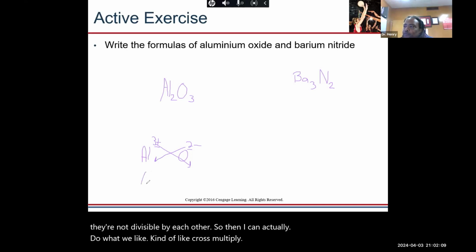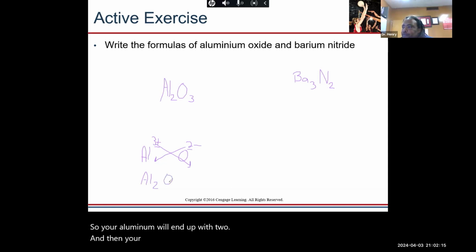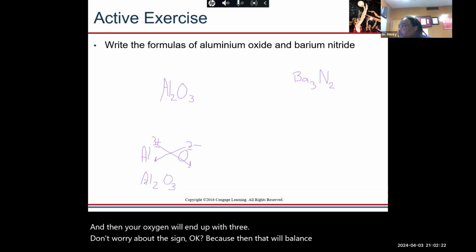So your aluminum will end up with 2, and your oxygen will end up with 3. Don't worry about the sign, okay? Because then that'll balance them out.